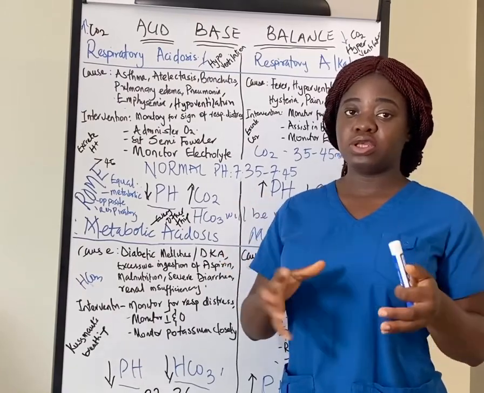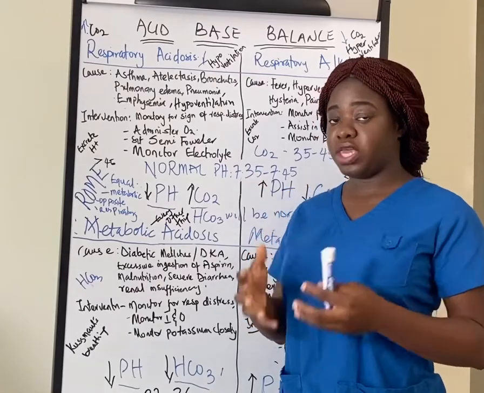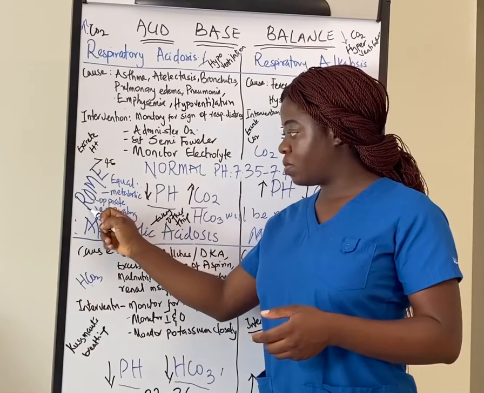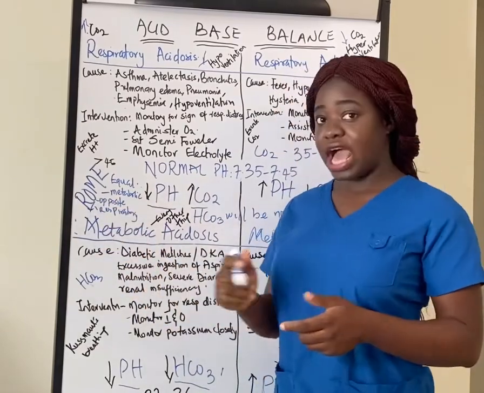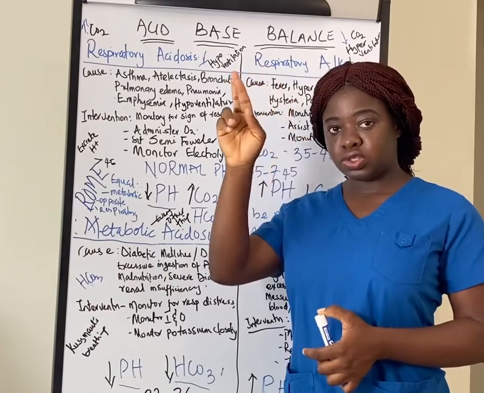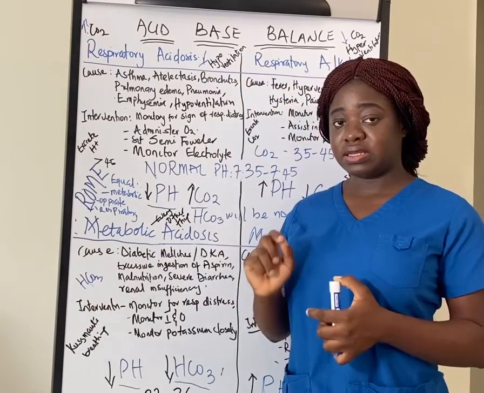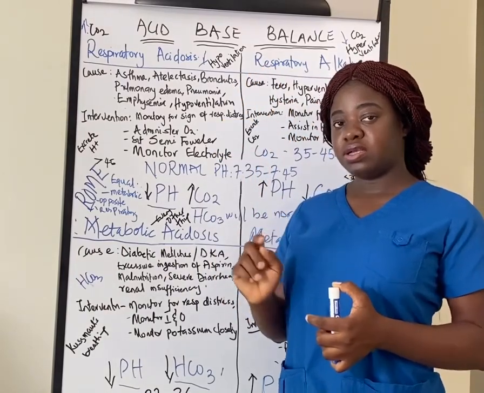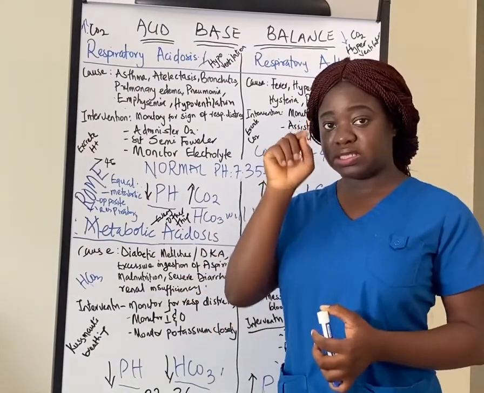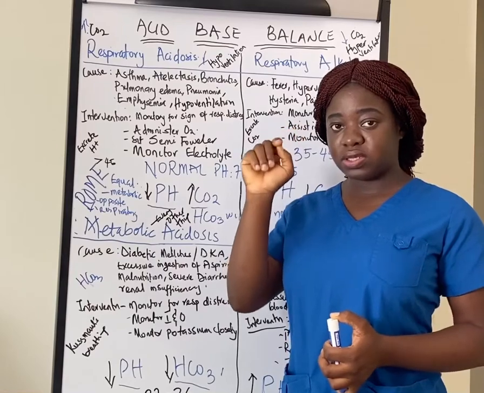That means metabolic does the equal of the pH. So ROME: you remember that in respiratory, as the pH increases, the CO2 decreases. As the pH decreases, the CO2 increases. But in metabolic, as the pH decreases, the bicarbonate also decreases.